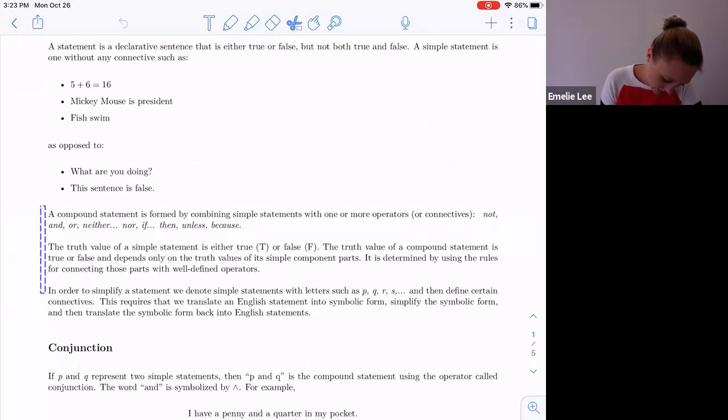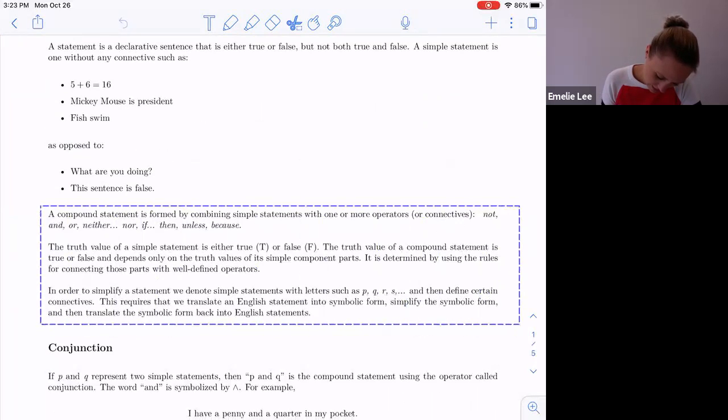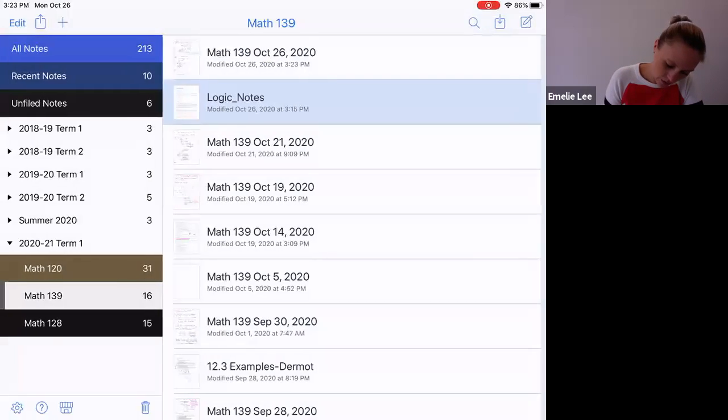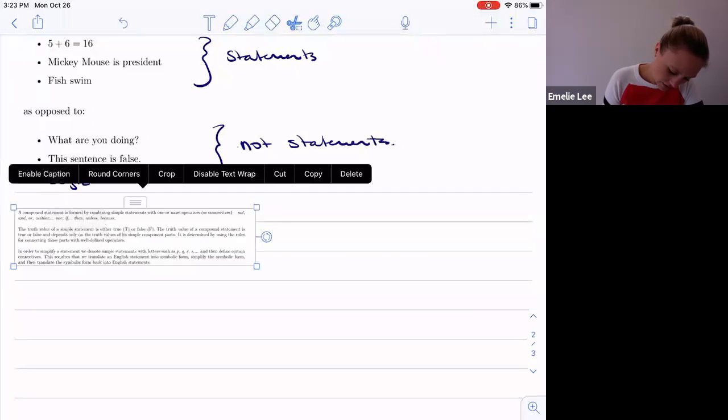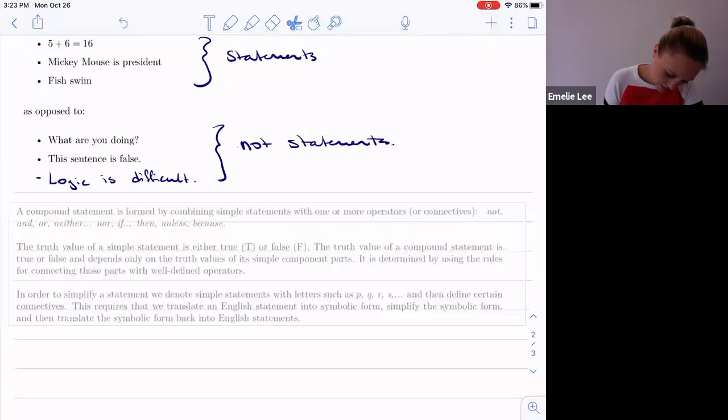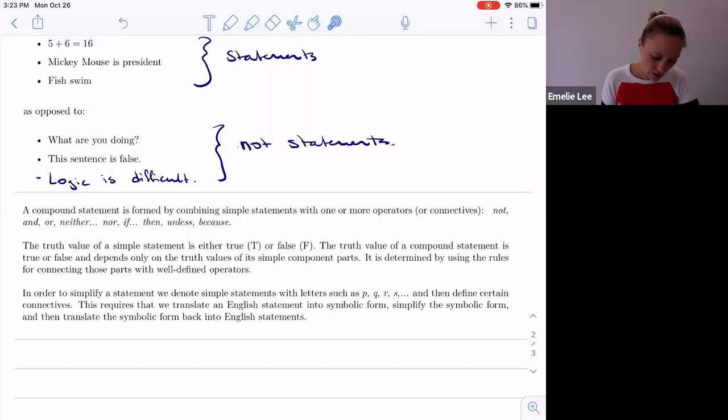Let's just go through these little bullet points. A compound statement is when we combine simple statements with one or more operators or connectives.